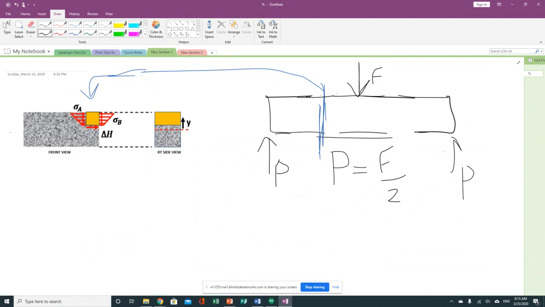But something that we need to keep in mind is this is a stress cube, right? Does it have width? No. Why not? Is the width large enough for it to really affect the magnitude of the bending moment?